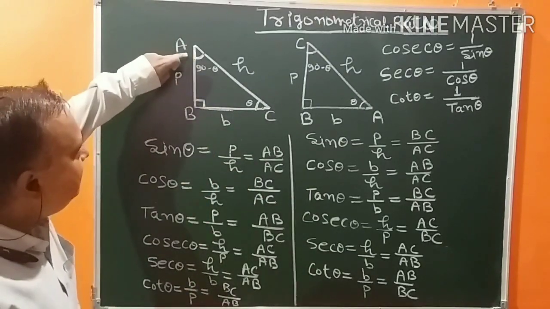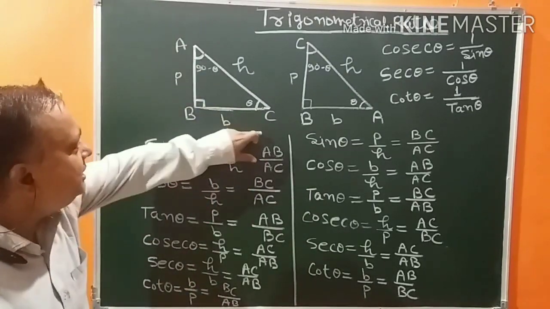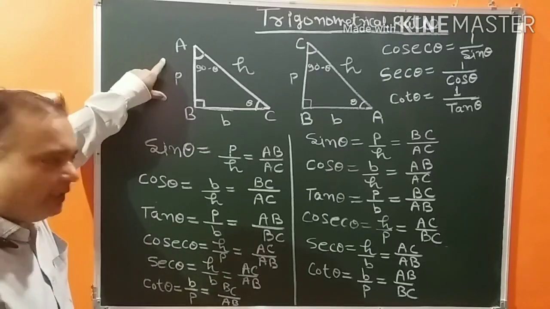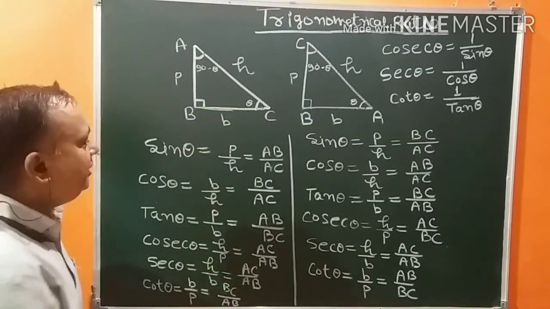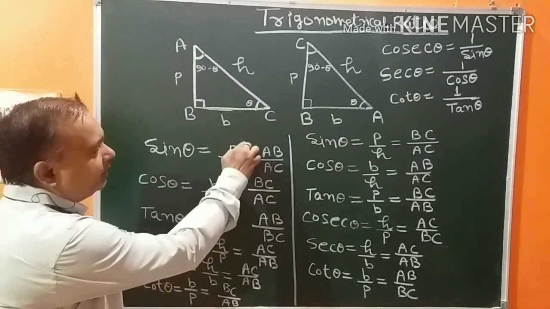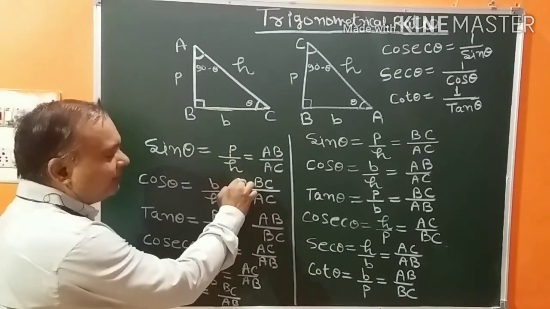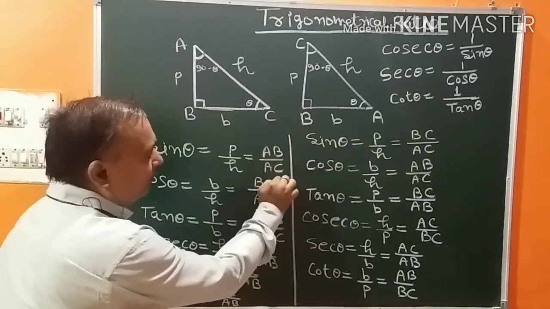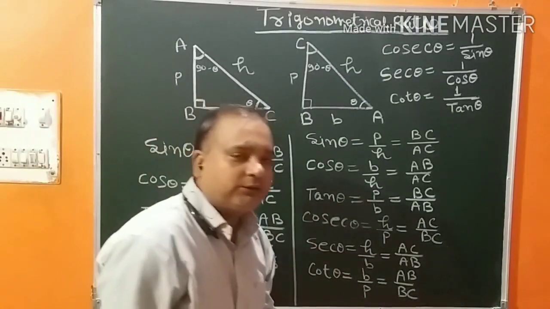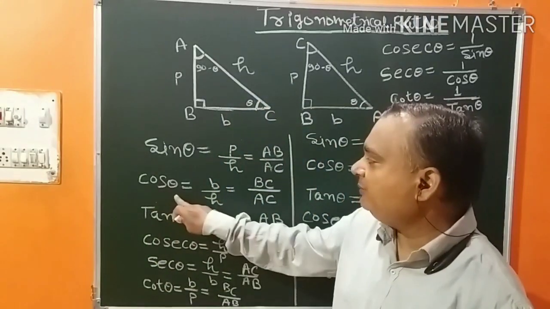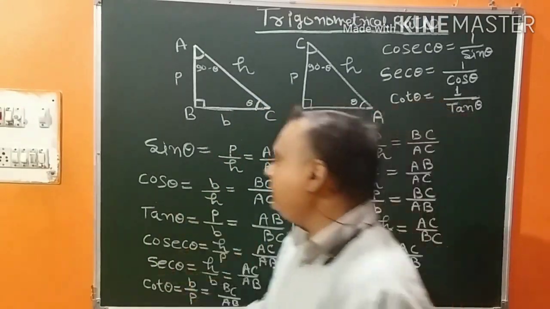Now see in this diagram, triangle ABC. The perpendicular is AB and the hypotenuse is AC. So we can write sine theta equal to perpendicular upon hypotenuse, that is equal to AB upon AC. Now the next trigonometric function is cos. We define cos theta as cos of angle theta.